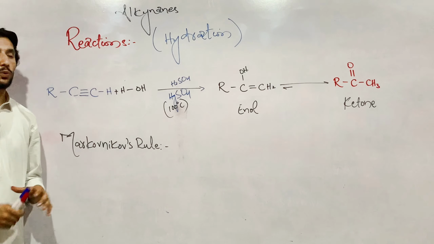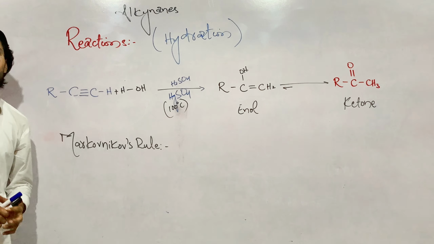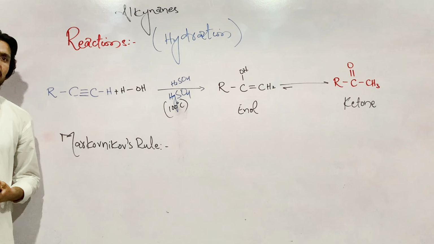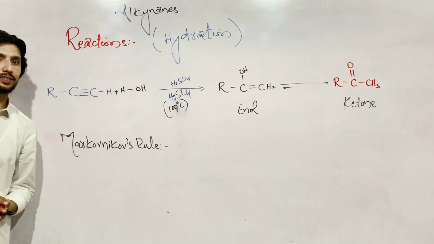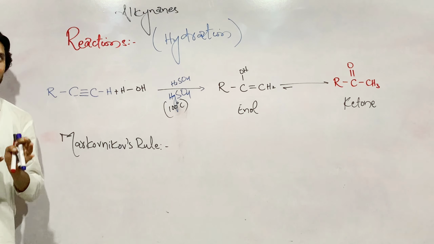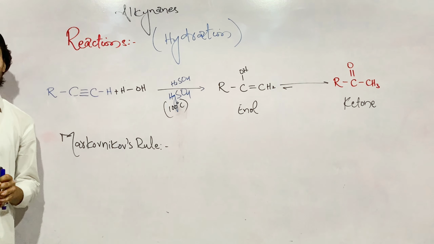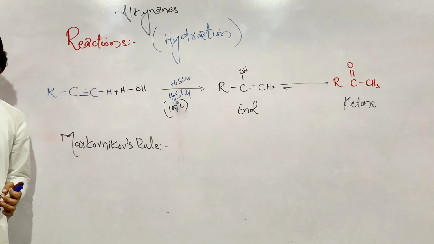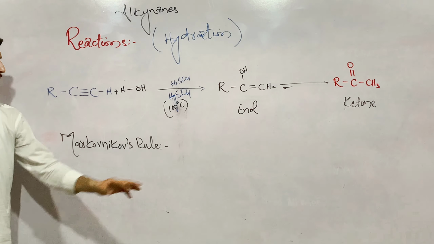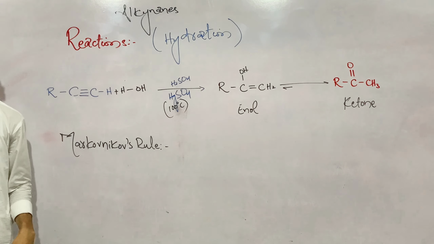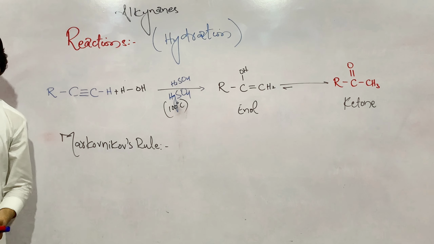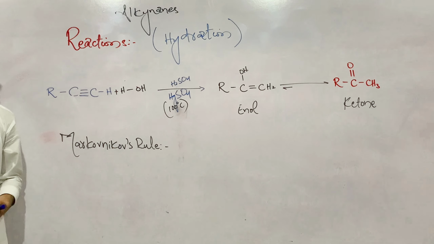So here now we will discuss the hydration of the triple bond, alkynes. As we discussed the hydration of alkenes in detail, we discussed Markovnikov's rule, the stability of carbocation, 3 degree, 2 degree, etc. And we did not see the hydration of alkenes with any catalyst, like in this case we are seeing the Hg, the mercury kind.